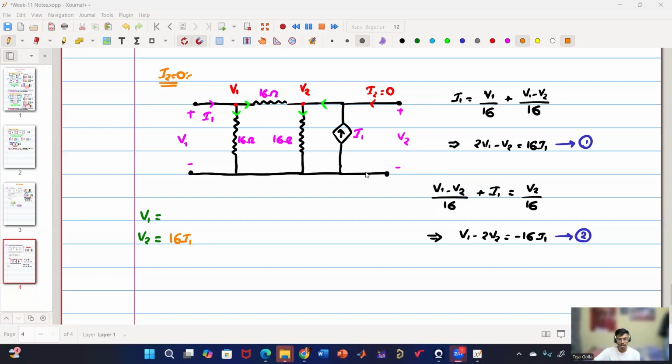V1 is equal to 16 by 3 I1. Okay. And V2 is 16 I1. So if we substitute this in equation 1, will it hold good?